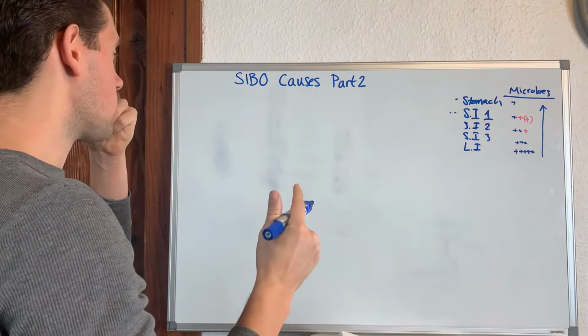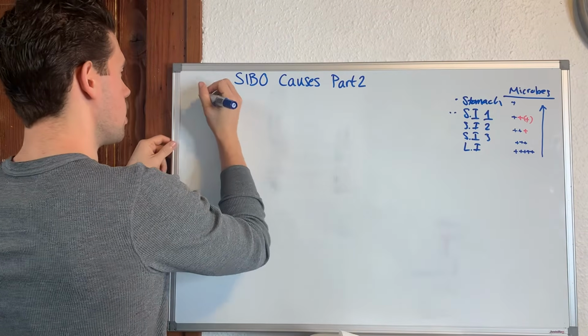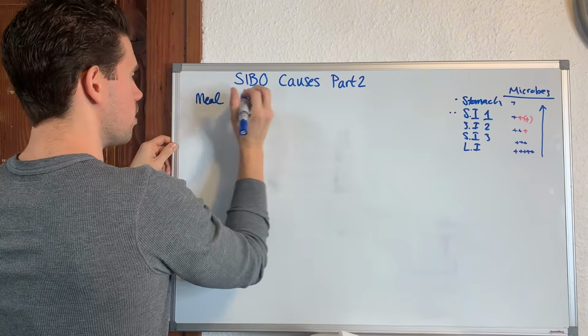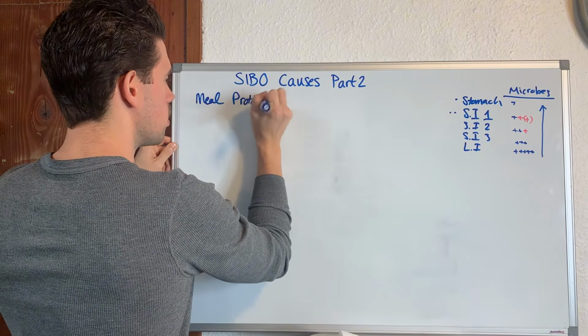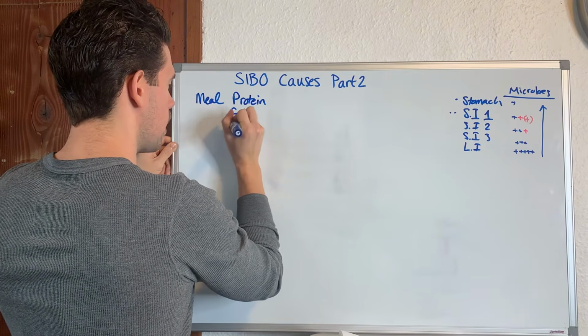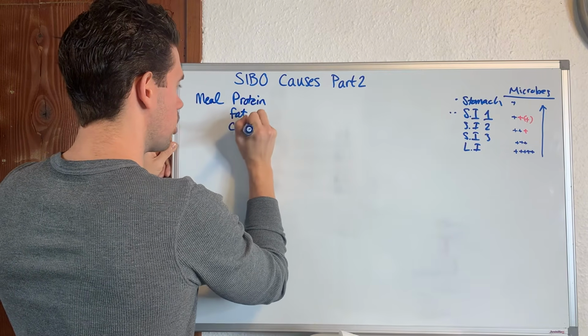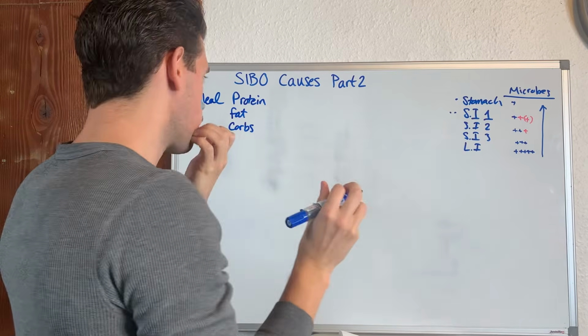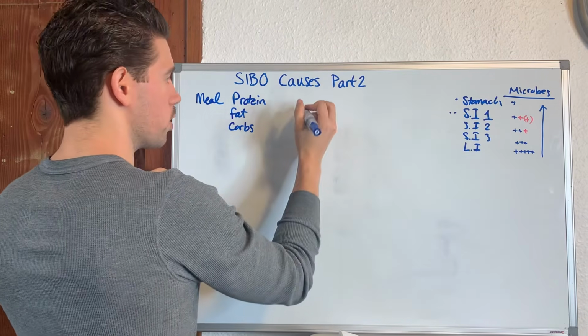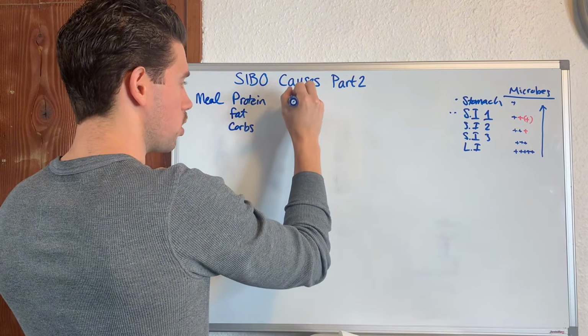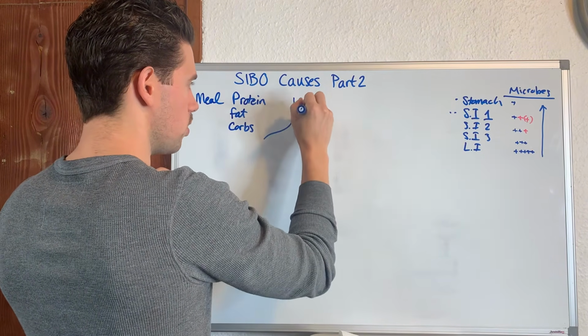So let's say you have a meal that is made up of protein, fat, and carbohydrates. In this meal, you're going to eat it, so you're going to chew, and eventually you are going to get to the stomach.